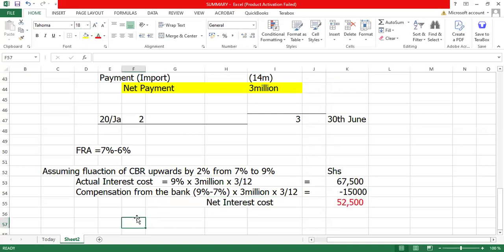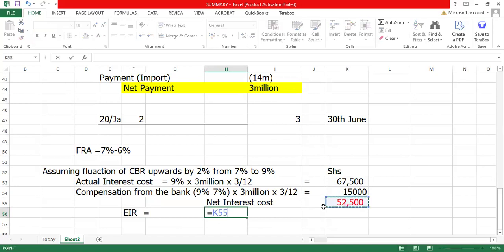Then the effective interest rate is equal to, you get this net interest, you divide by the loan amount, which is 3 million, then times the reciprocal of what you have, 12 out of 3.